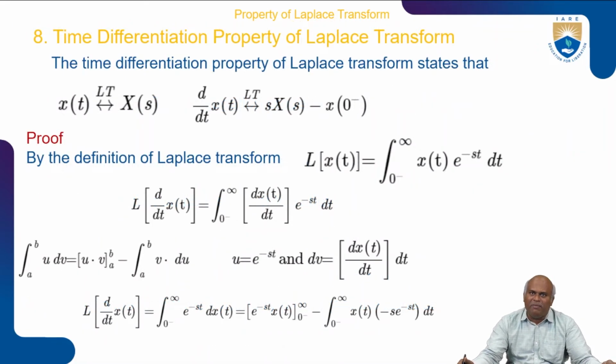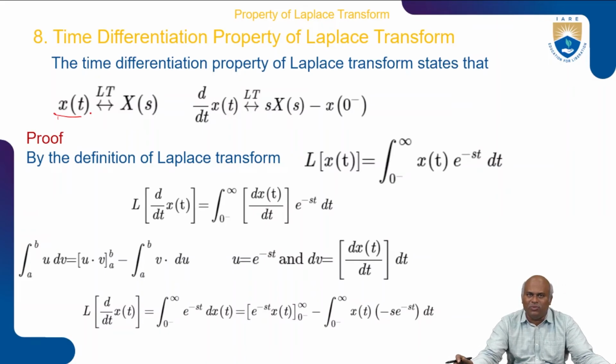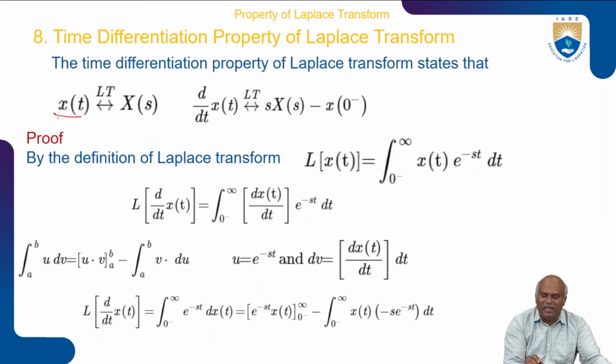Next, time differentiation property of Laplace transform. The time differentiation property states that the Laplace transform of x(t) is represented as X(s). Now if I differentiate x(t) with time, I should write d/dt x(t). Its Laplace transform is equal to s X(s) minus x(0-).